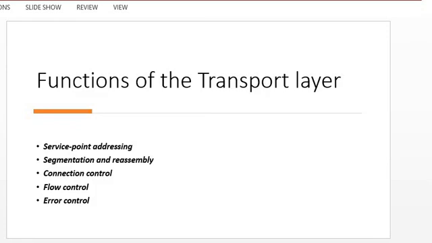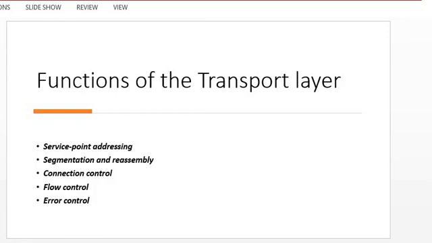Okay, so we were talking about connection control, where in a connection-oriented transport layer model, a connection has to be established first with the destination machine before the delivery of packets commences.